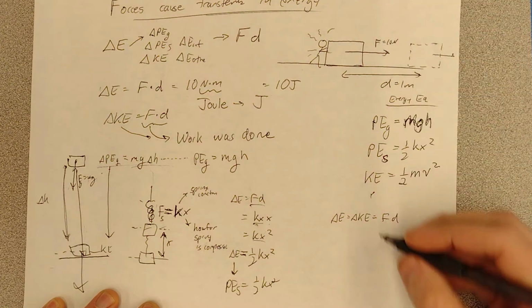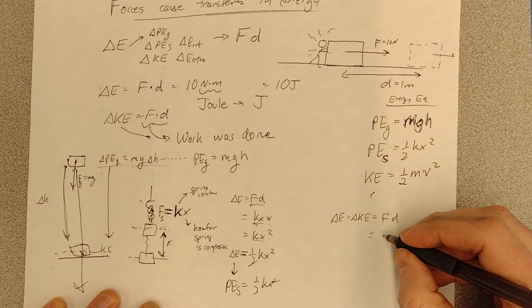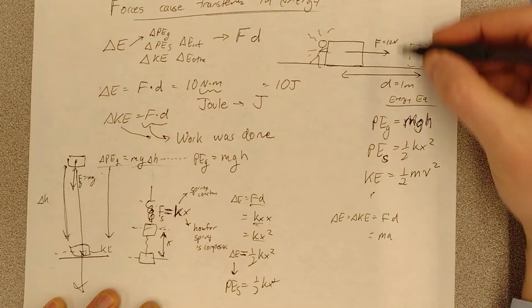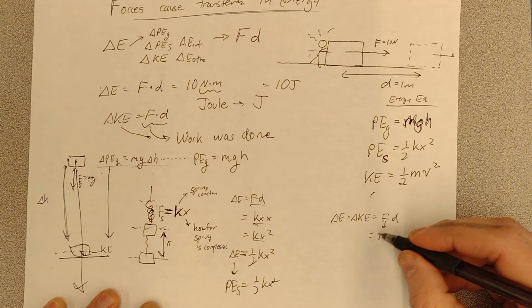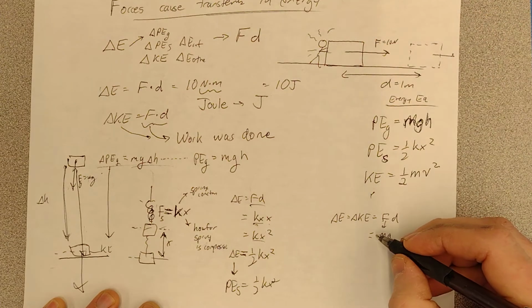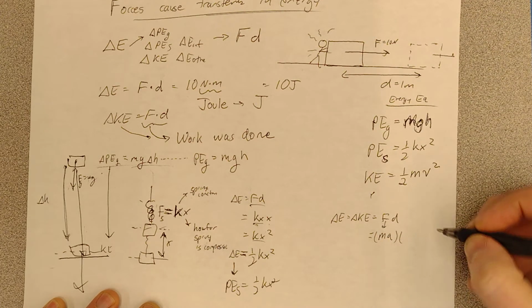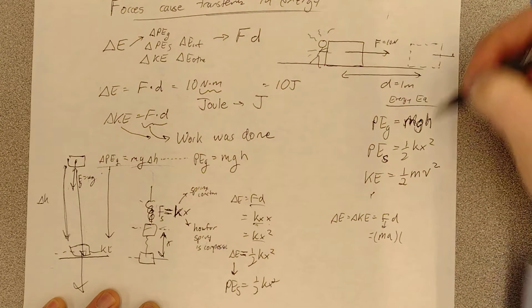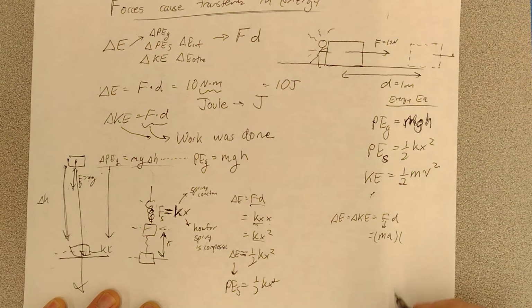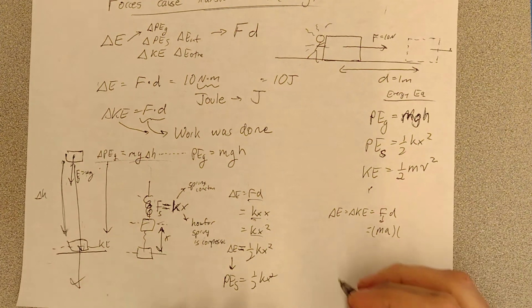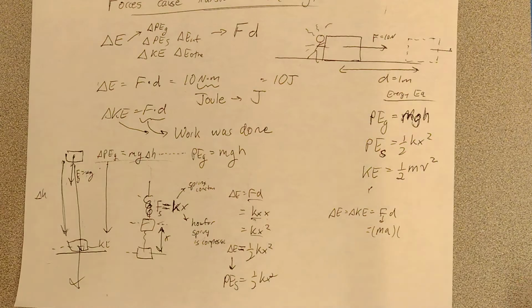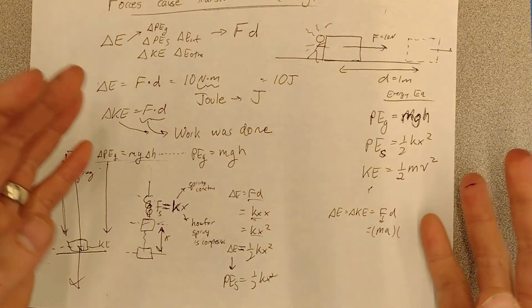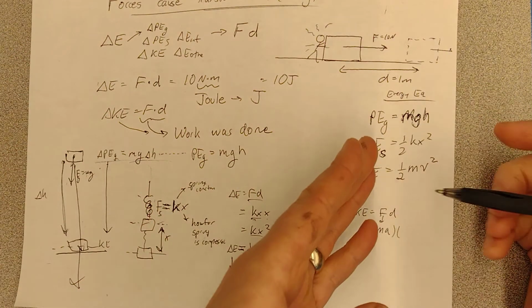The force here is equal to mass times acceleration, whatever the mass is times however much it's accelerated. For the distance it travels, we take time out of the equation and use the v squared equation to solve for d. So this is kind of a weird derivation, and I don't expect you to memorize any of this other than the equations, okay?